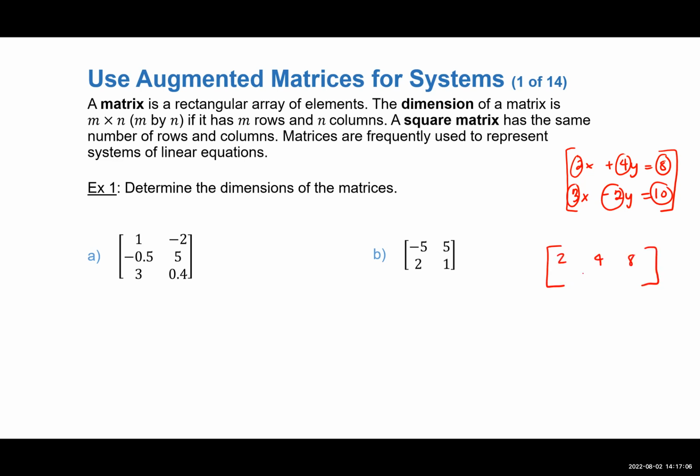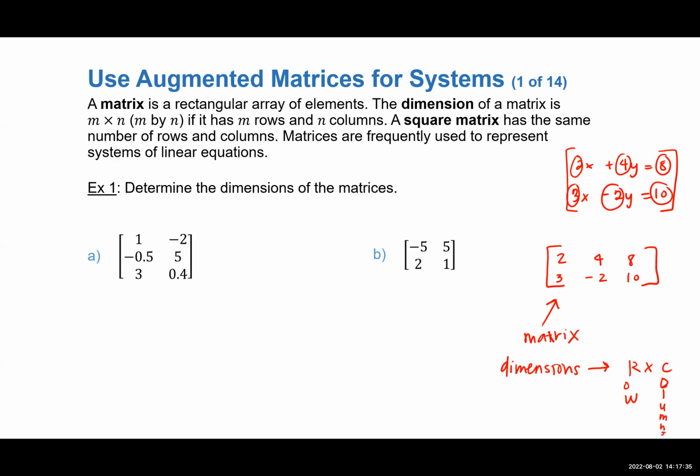2, 4, 8, 3, -2, 10. This is called a matrix. And the dimensions of a matrix basically means the size. So dimensions are always written as row by column. So how many rows and how many columns?